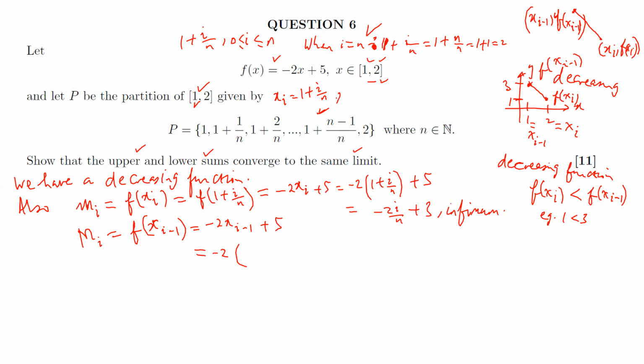So x_i is the point from the partition, which means we have x_{i-1}, which is 1 plus (i minus 1) over n.